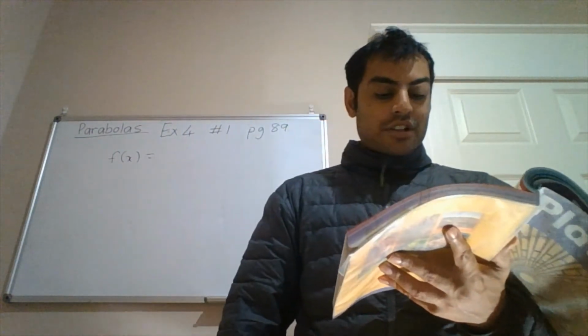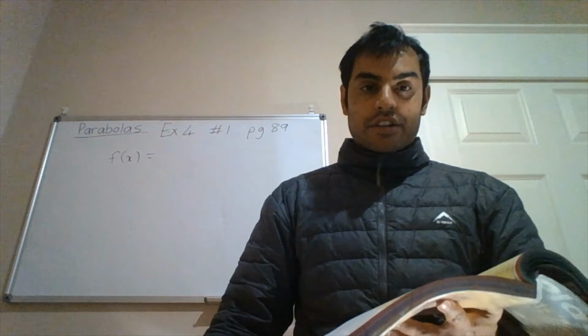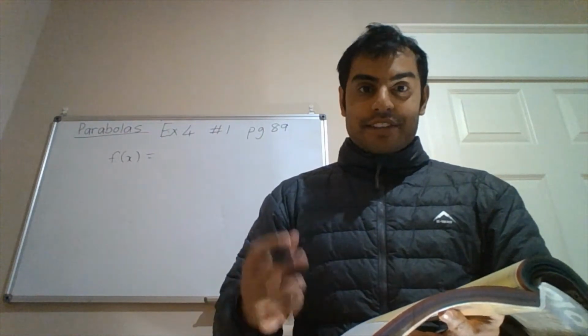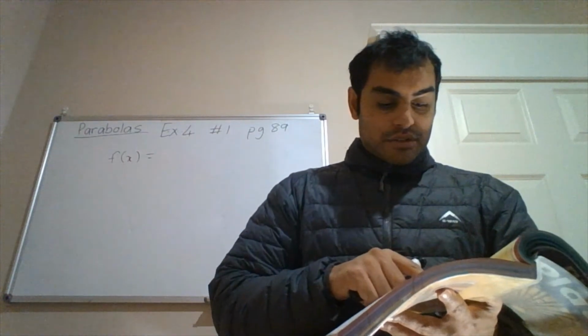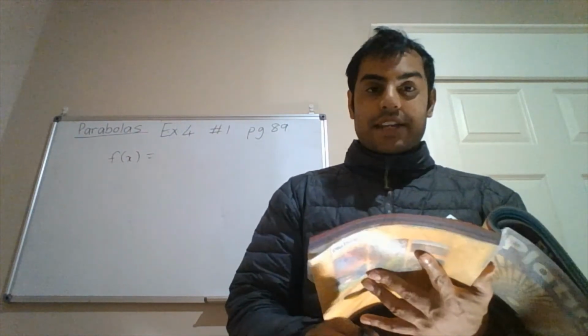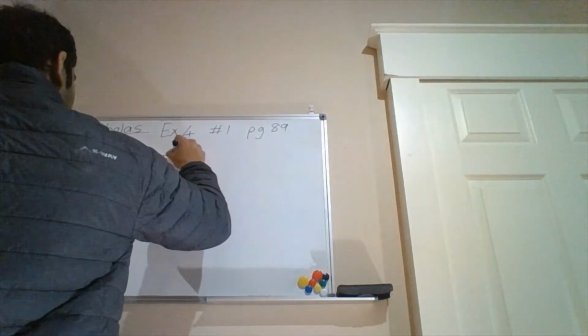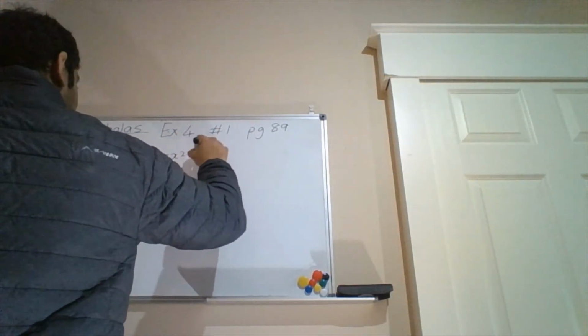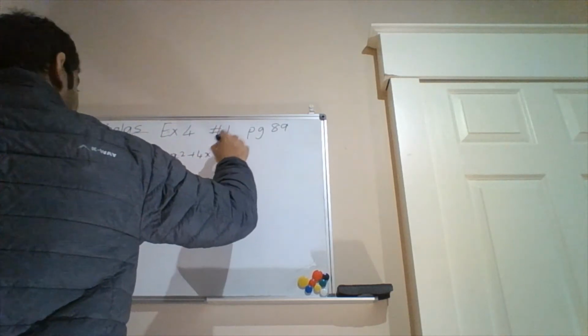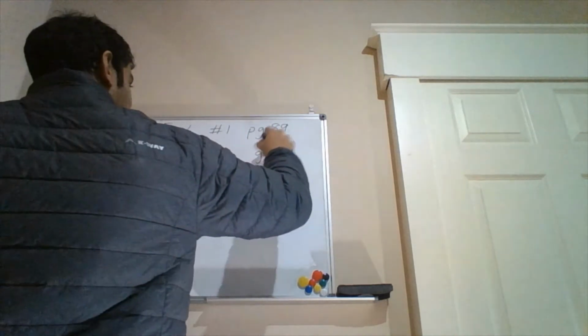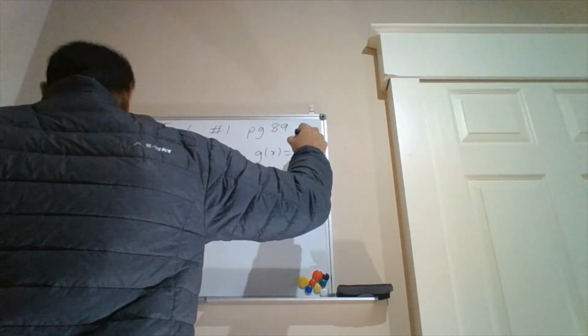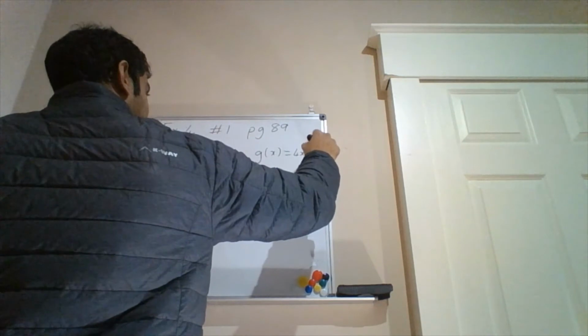Okay, so question 1 says sketch the graph. Okay, so we've got to sketch the graph. That's why we need to find the labels that go together with our sketch. So 1.1, we have to sketch the graph f of x equals minus x squared plus 4x plus 12, and the graph g of x equals 4x plus 8.